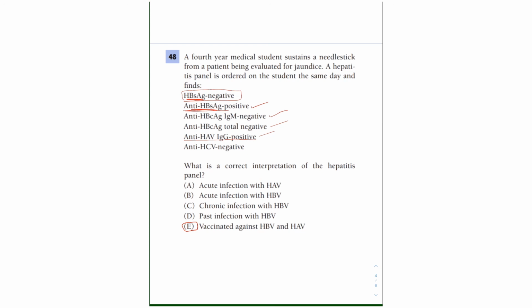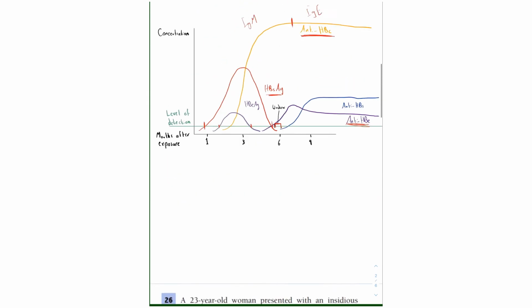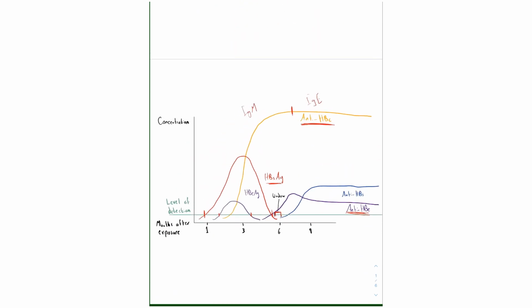Because the person does not have any core antibodies. And remember, we said the core antibodies are usually always detected in the late phase, or they will always be present. So the absence of core antibodies basically indicates that the person was not actually infected with hepatitis B, but however they were vaccinated against hepatitis B.